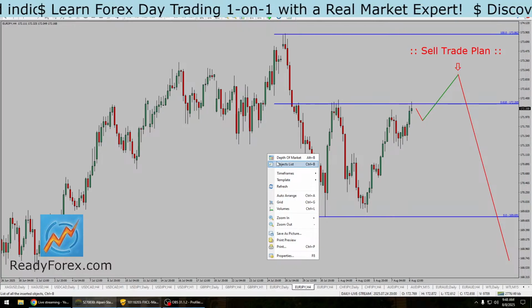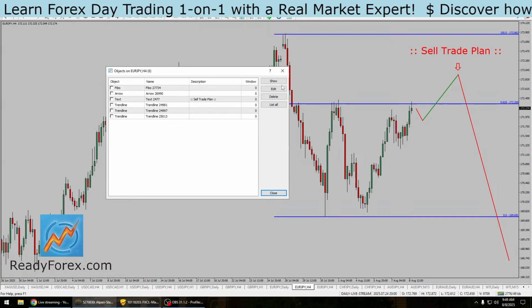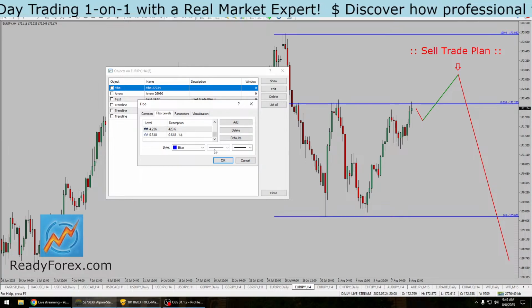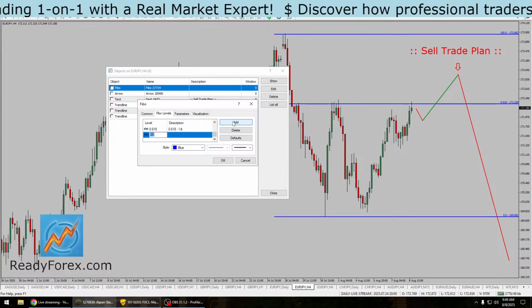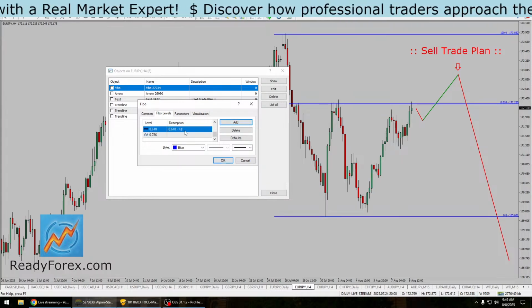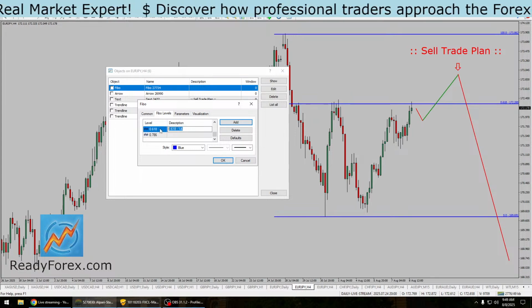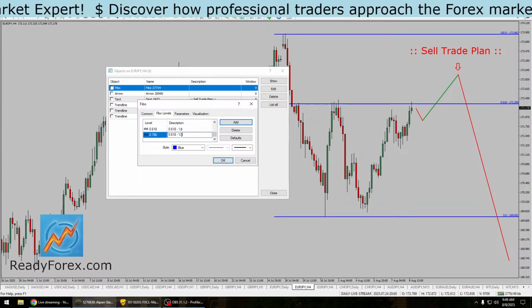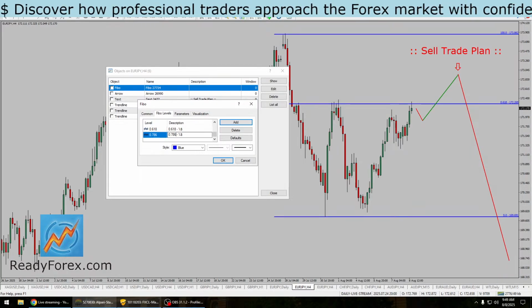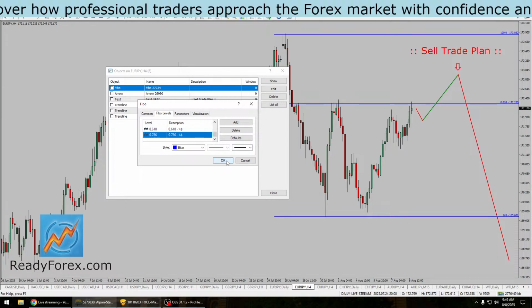So let me adjust the retracement level. I think price action is easily going to hit the 0.786 Fibonacci level. This one goes over here, and let's go 0.786 over here.